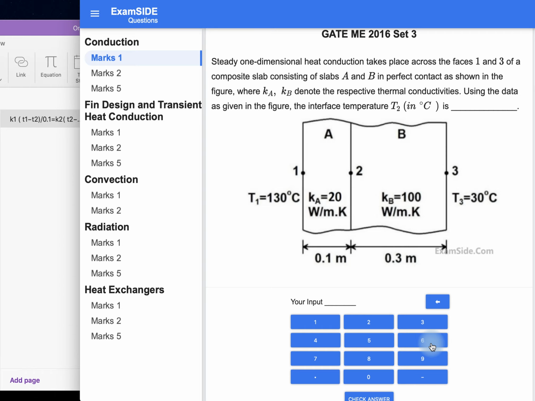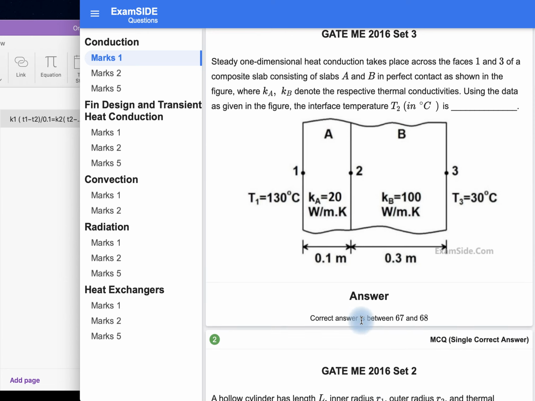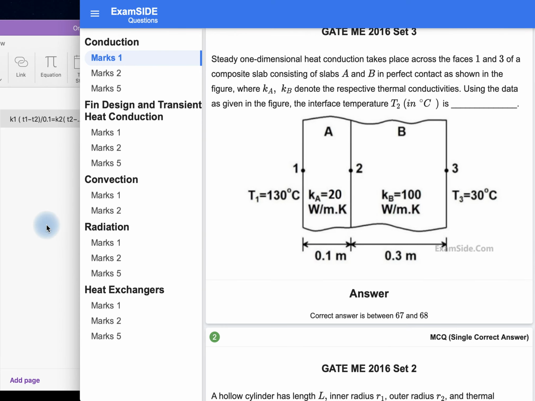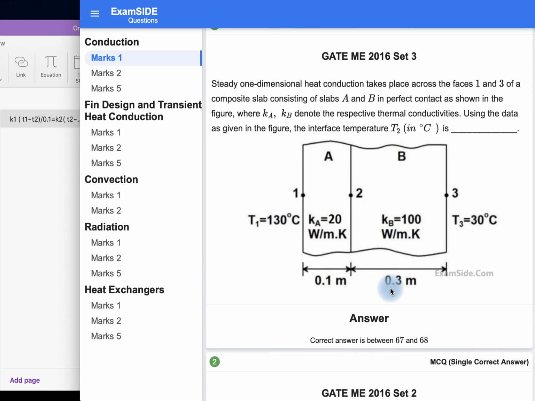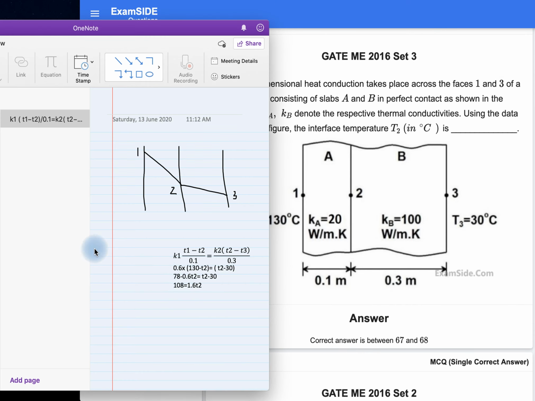So our answer is 67.5. The correct answer is shown between 67 and 68, so that is our correct answer. T2 comes out as 67.5.